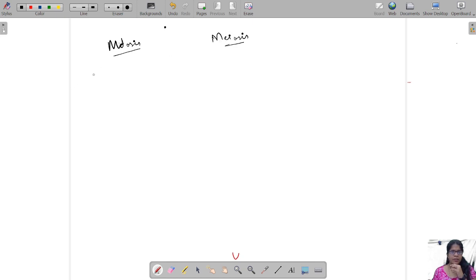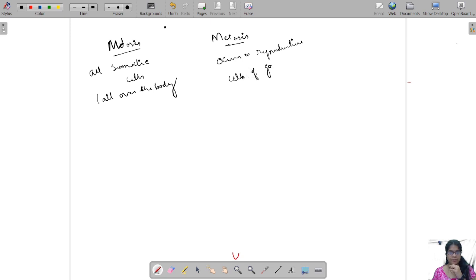Okay, so mitosis occurs in all the somatic cells. I think they are present all over the body, I can say. Okay, and in meiosis, let's talk about meiosis. It occurs in the reproductive cells of gonads to form gametes.